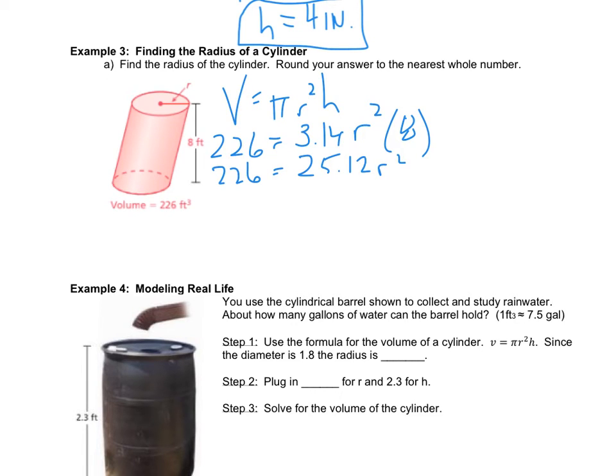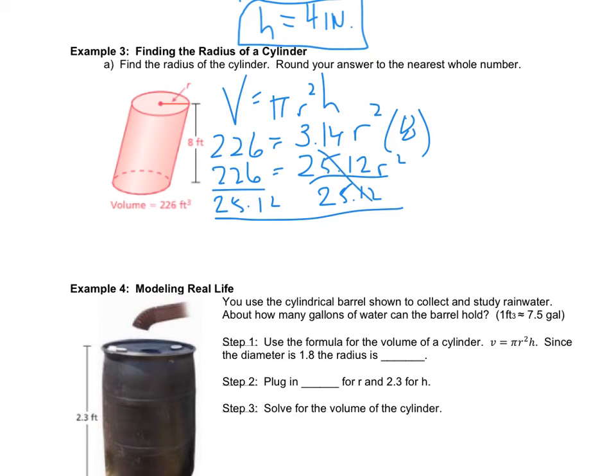Again, I'm now going to do 226 divided by 25.12, because to undo the multiplication I would do division, because we're doing the inverse.